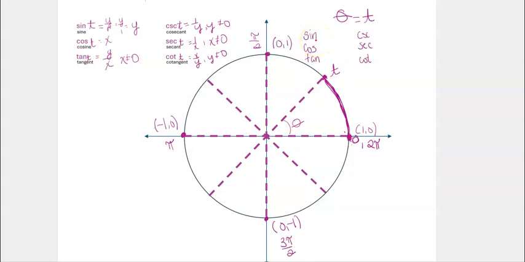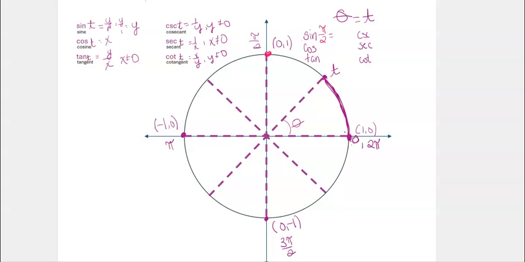So what does this look like if I want to take the trigonometric functions of a particular angle or point on this unit circle? Let's start with pi over 2. Let's say I wanted to take the 6 trigonometric functions of the number or the angle pi over 2. So if I take the sine of pi over 2, that is the same thing as saying y divided by the radius.